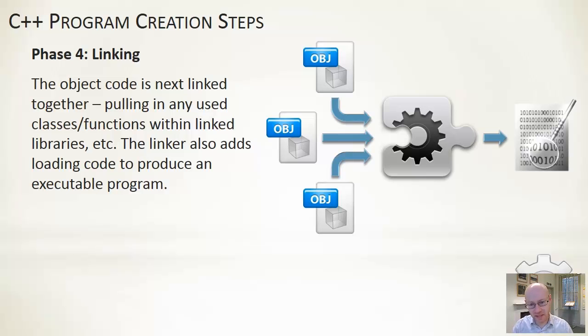It will also add in a little bit of loading code at the start to load in your executable. Whenever linking has finished, if you're building an executable, then the output is actually an executable itself. So effectively at that point, we have something that is runnable.